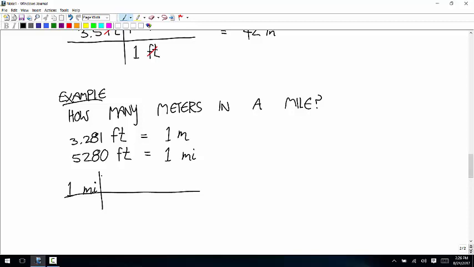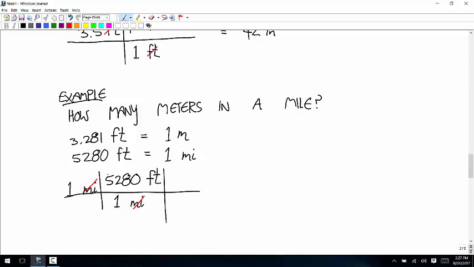What's the unit I'm trying to get rid of? Miles. So I want to choose the one that cancels miles. Since miles is here in the numerator, I want this miles to be in the denominator to cancel it. So 1 mile is 5,280 feet. And if you did the cancellations right now, you'd see that we do get rid of miles. And if we multiply this out now, we'd have it expressed in feet.